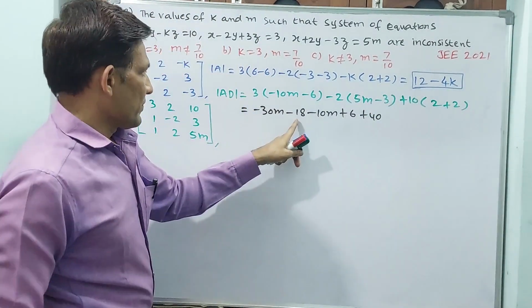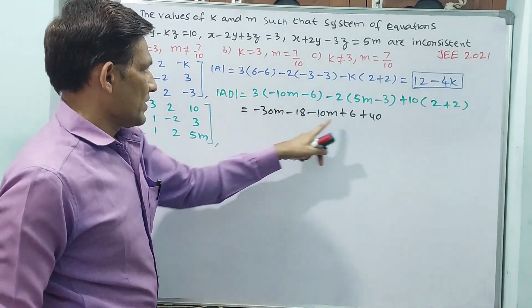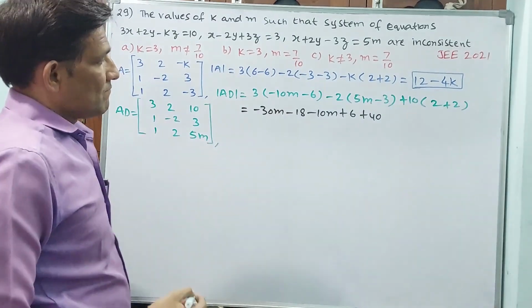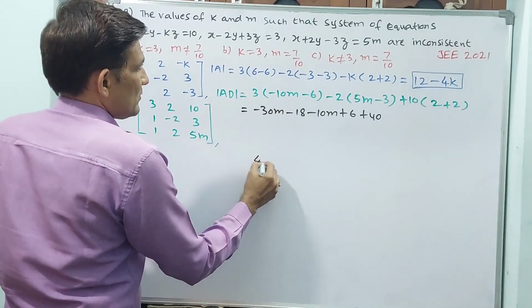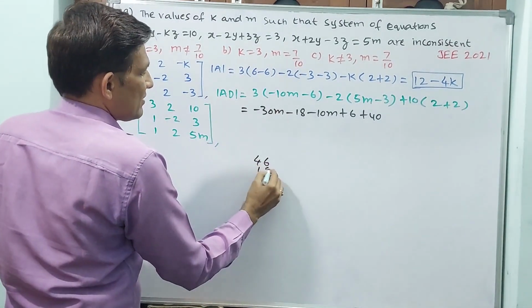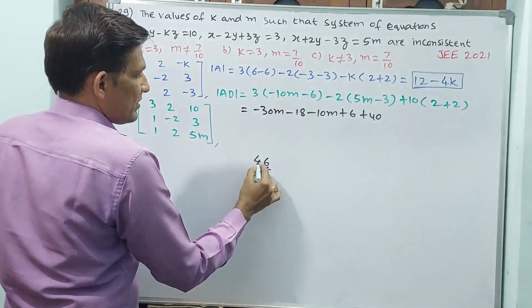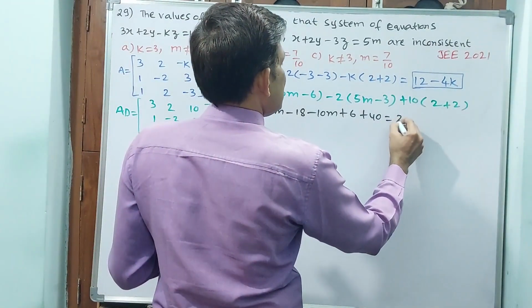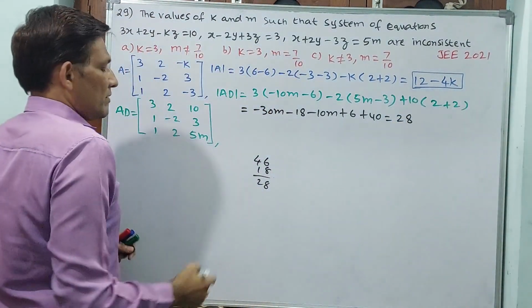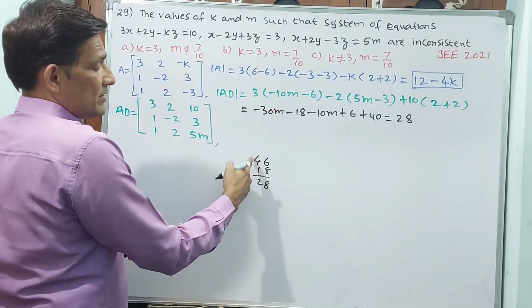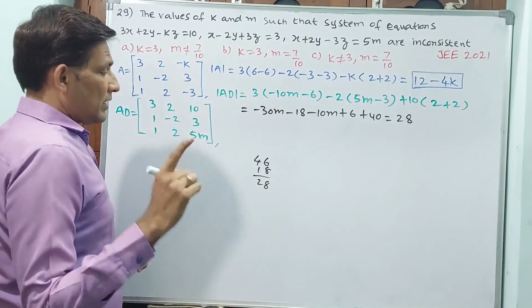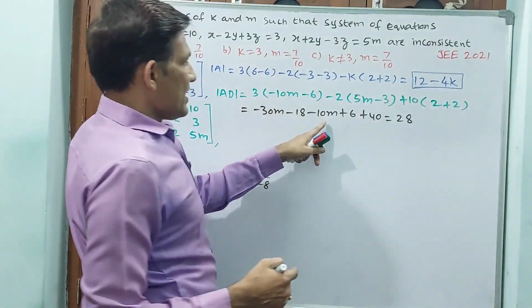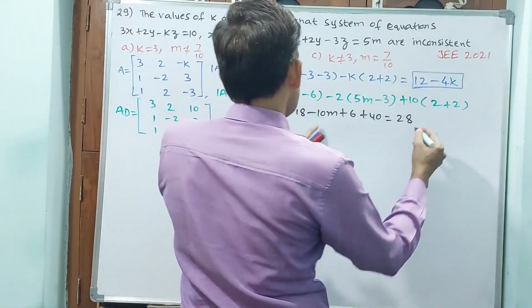Then 46 minus 18, that is 28. 16 minus 8, 8. Minus 38 minus 10. Total how much is it? Minus 40.